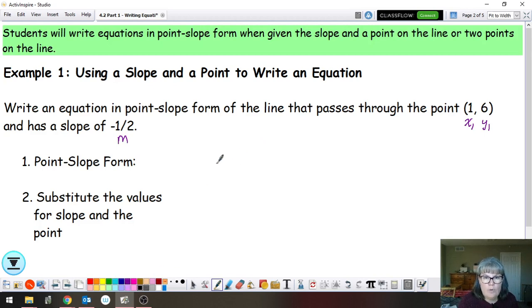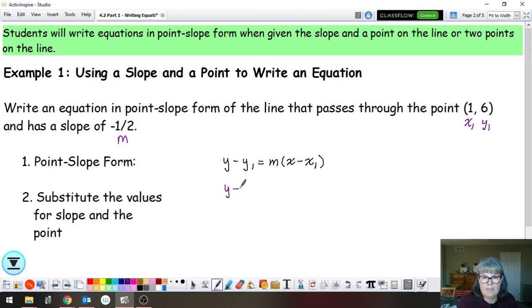Because we're writing it in point-slope form, you want to remind yourself of what point-slope form looks like. So that's y minus y1 equals m times x minus x1, and then you substitute the values.